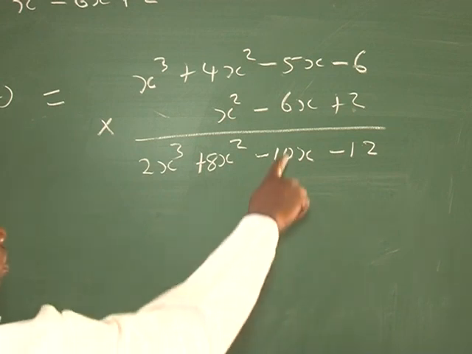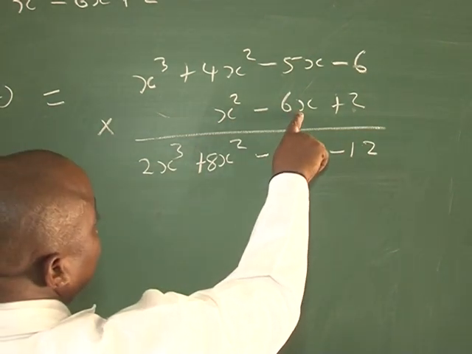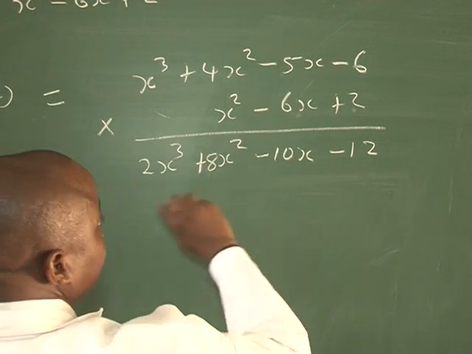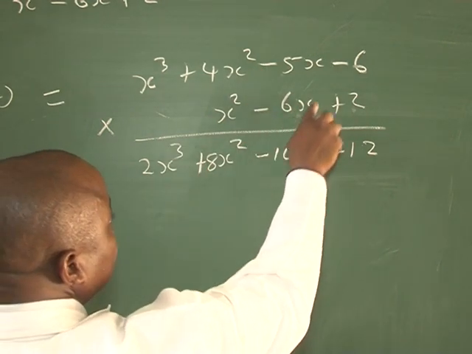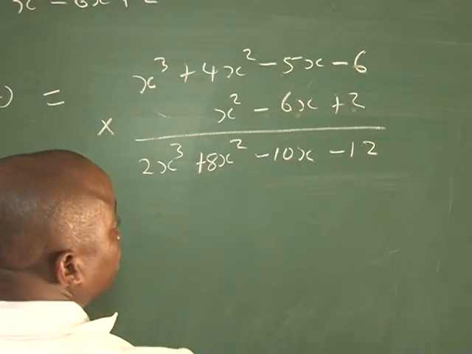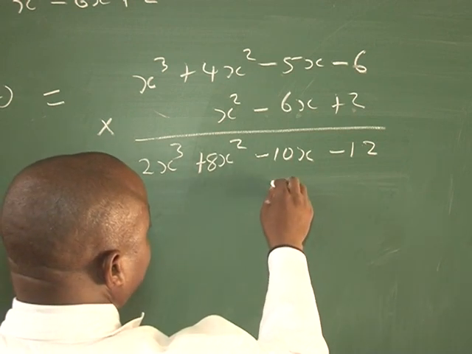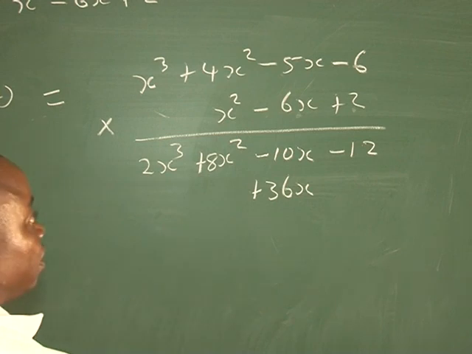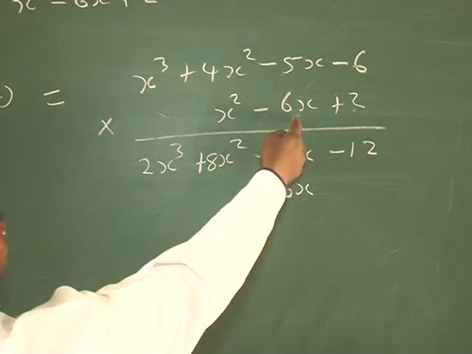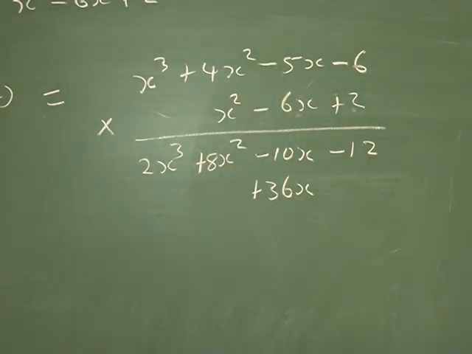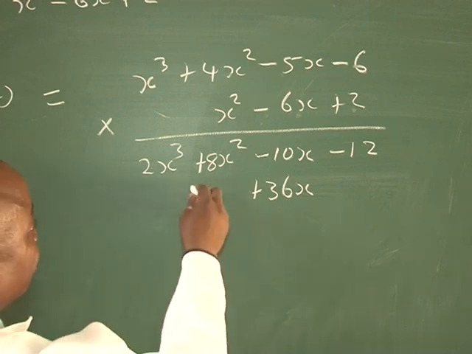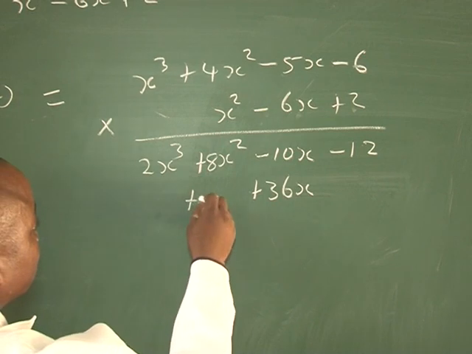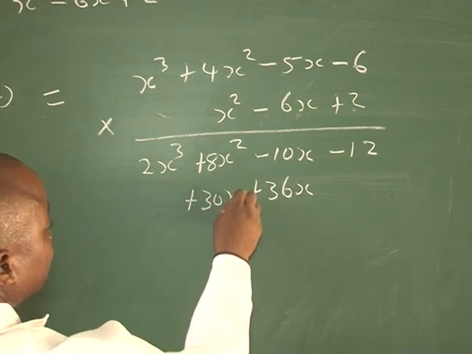Can also use this to multiply all the terms. Now minus 6x times minus 6 will give us plus 36x. Minus 6x times minus 5x will give us plus 30x squared.